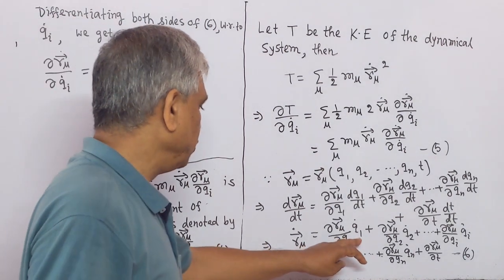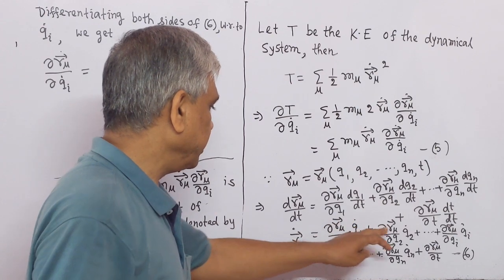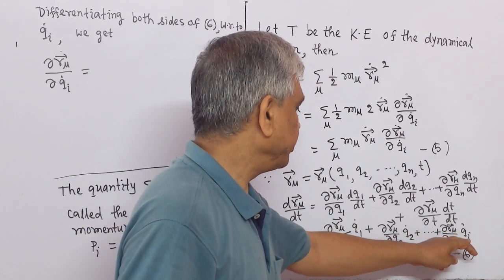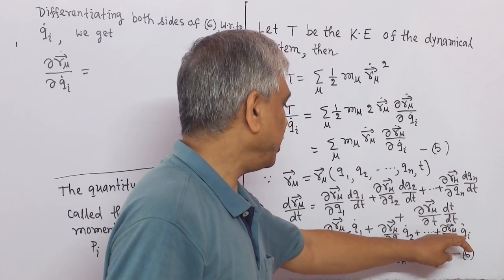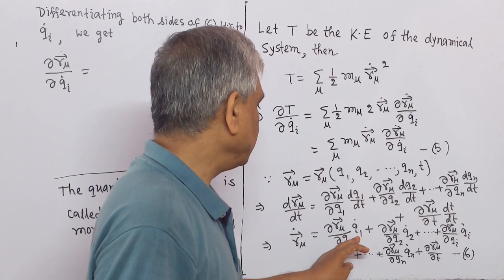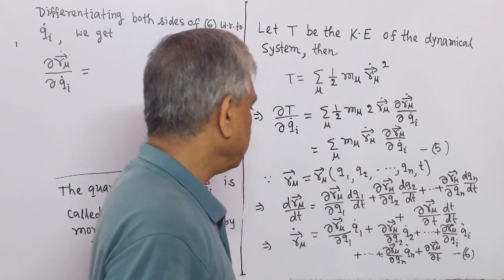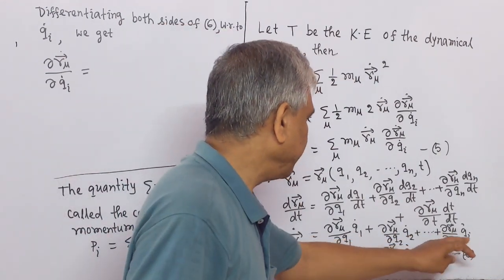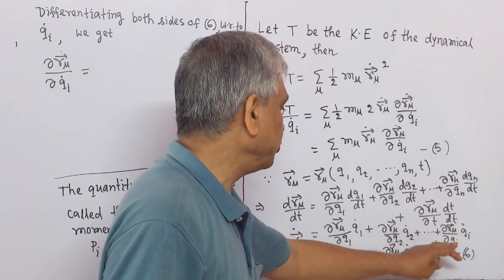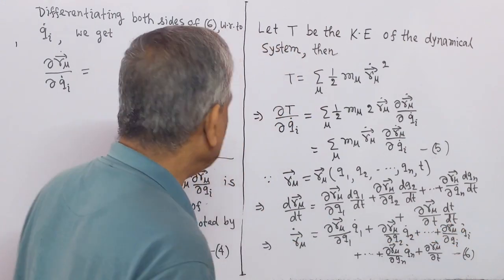Here we see q1 dot, here q2 dot, here qi dot. So the partial derivative of qi dot with respect to qi dot is 1, here 0, here 0, so only this quantity remains: the partial derivative of r_mu vector with respect to qi.